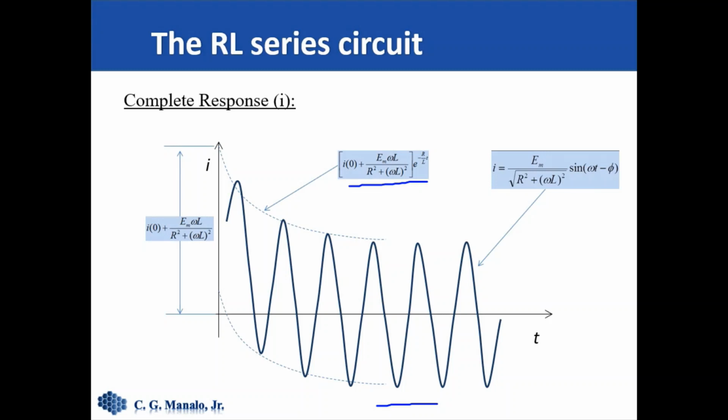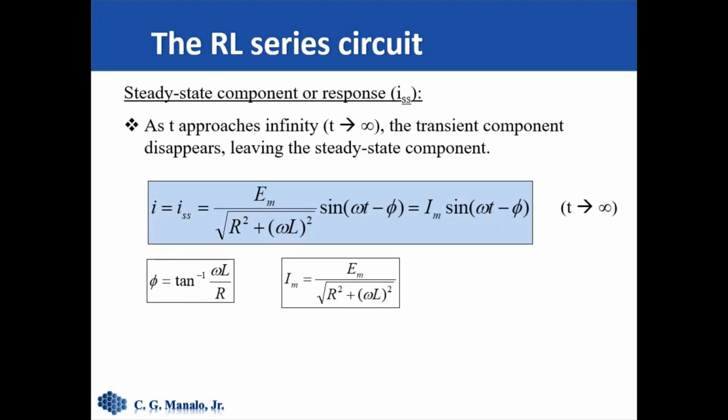But over time, this term will disappear, and therefore that will give us a purely sinusoidal function, the steady state component of the response. So the response becomes the steady state component because the transient component disappears over time.